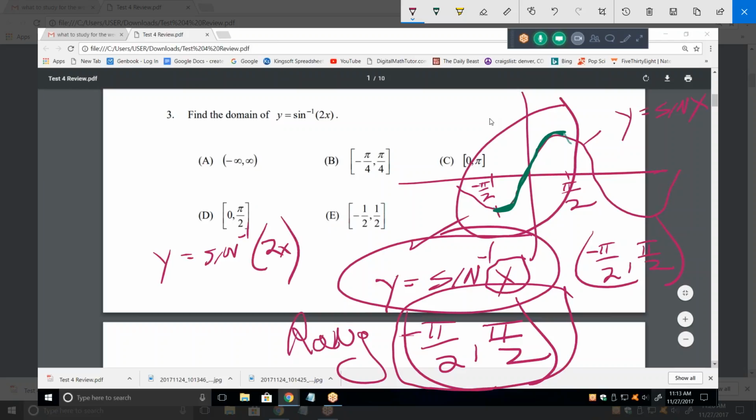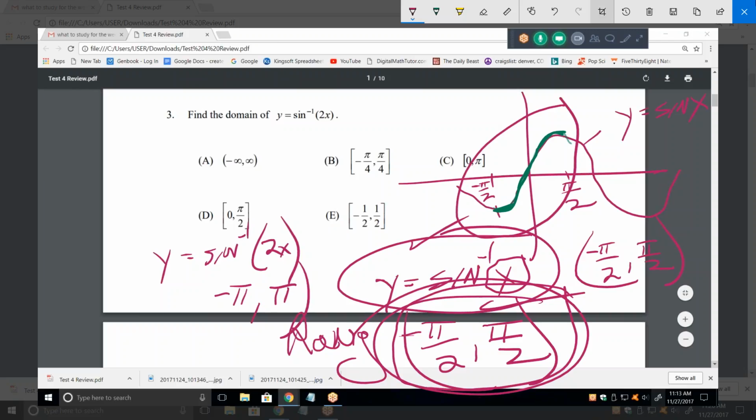Well, it looks to me like it should go from minus pi to pi if I multiplied both of these numbers by 2. That's not an answer on there. Hold on a second. If I'm going from minus pi over 2 to pi over 2, then 2x would go from minus pi to pi if I was doing it this way.